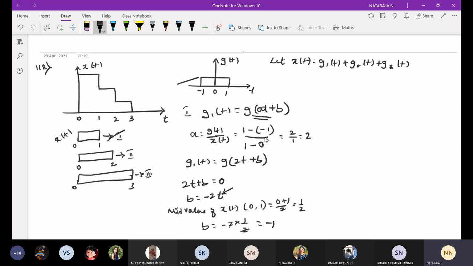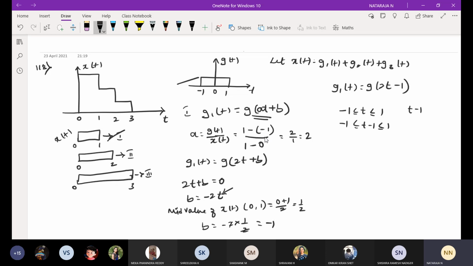If I substitute these two values in the given equation, your g1 of t is equal to g of 2t minus 1. If you want to cross check this, take the limits of g: minus 1 less than t less than 1. First replace t by t minus 1, so minus 1 less than t minus 1 less than or equal to 1.